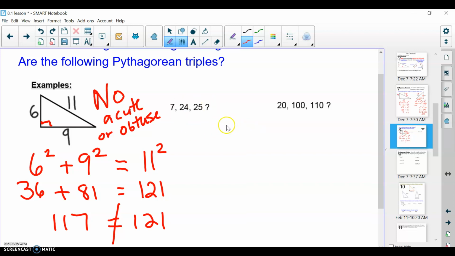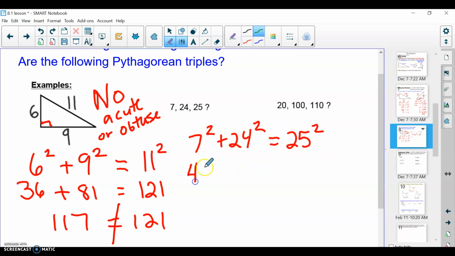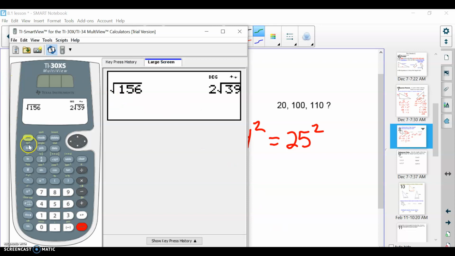So let's do the next one here. So we've got 7, 24, and 25. So 7 squared plus 24 squared. Does that equal 25 squared? All right, so we go ahead and figure those out. So 49. Okay, I know that one, but I do not know 24 squared. So on my calculator, 24 squared is 576.